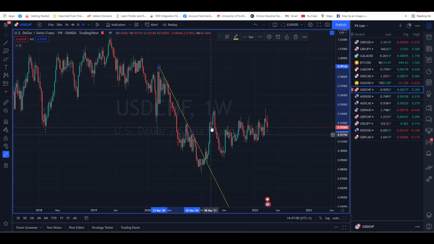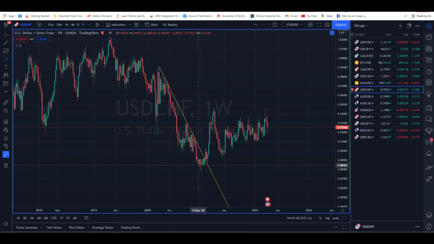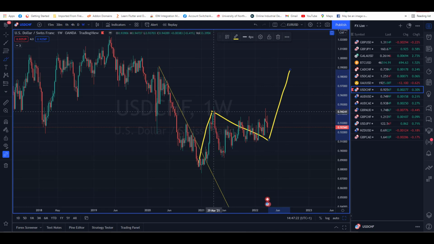After this impulsive move, we haven't made a new high. So all of this has been corrections, and as you guys know, whenever we have an impulse, we expect a correction and then another impulse, and this correction usually comes in forms of A, B, C, different patterns, right?